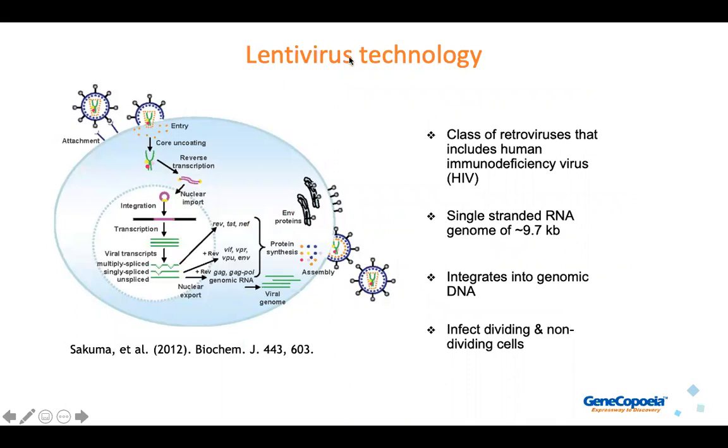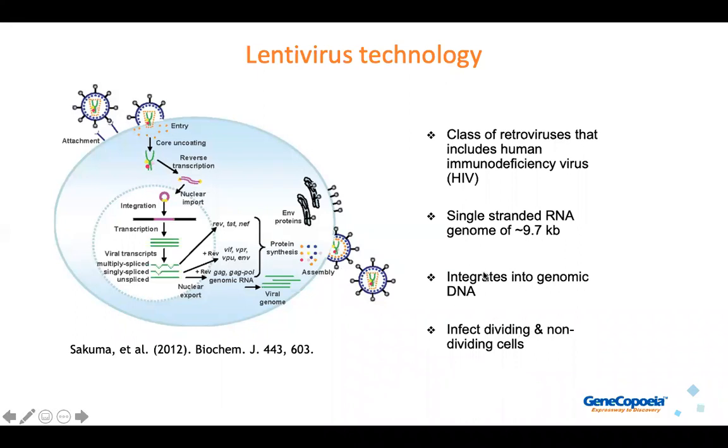If we look at lentivirus technology in general, again, lentivirus is a class of retroviruses that includes HIV. It contains a single-stranded RNA genome of 9.7 kb, and once lentiviruses enter cells, they integrate into genomic DNA, so they can usually infect both dividing and non-dividing cells.